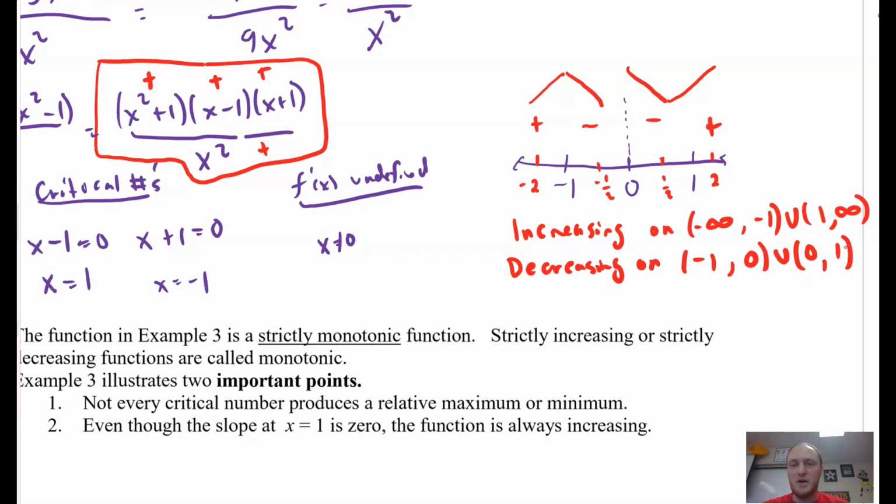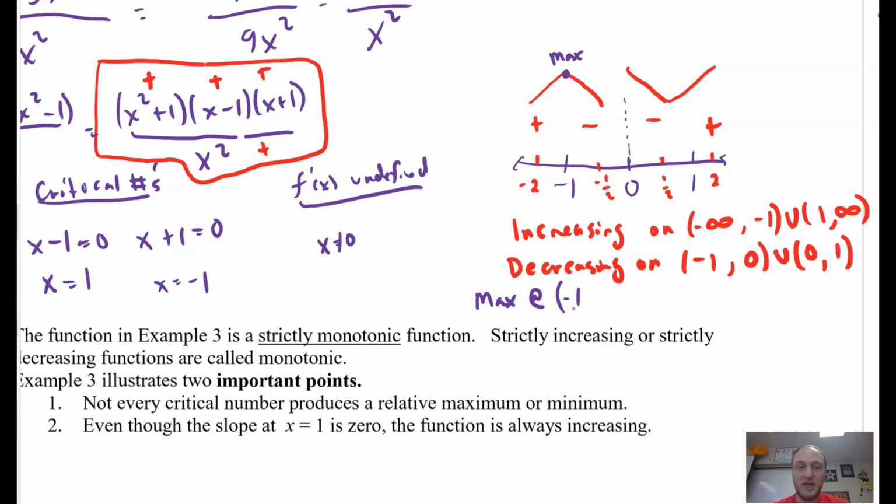Reading the sign chart. Next, I want to go ahead and find out, okay, where are the relative extrema? Well, my function, if I change from positive to negative, this creates a max. Okay, so I know that there is a maximum, and that occurs at negative 1, and then I need the output.